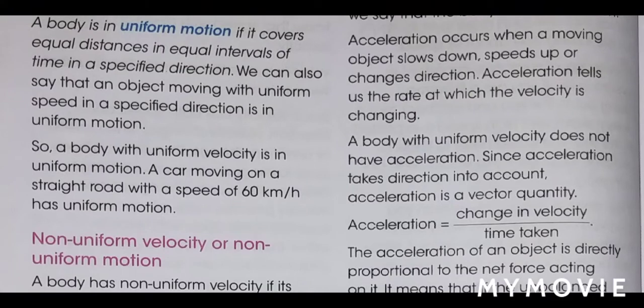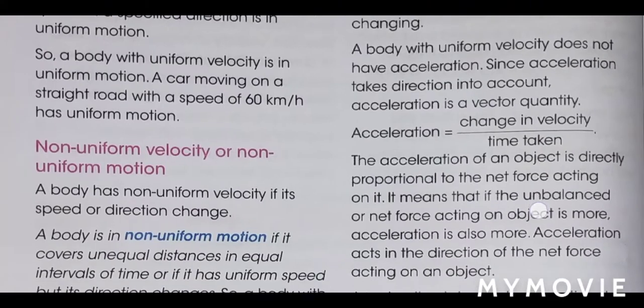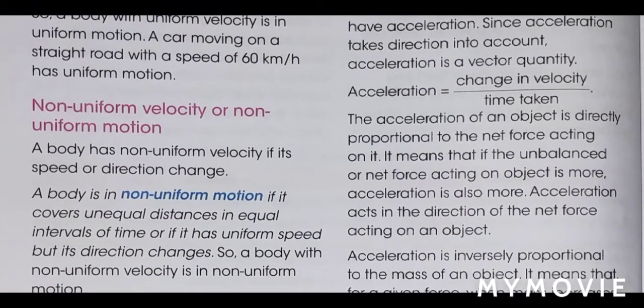Now, you can see the acceleration formula in the textbook. Acceleration is equal to change in velocity upon time taken. Now, what is change in velocity? Change in velocity means from the final velocity we have to subtract the initial velocity.